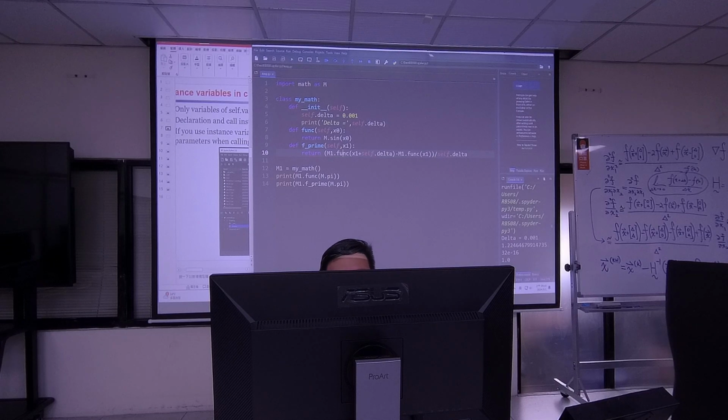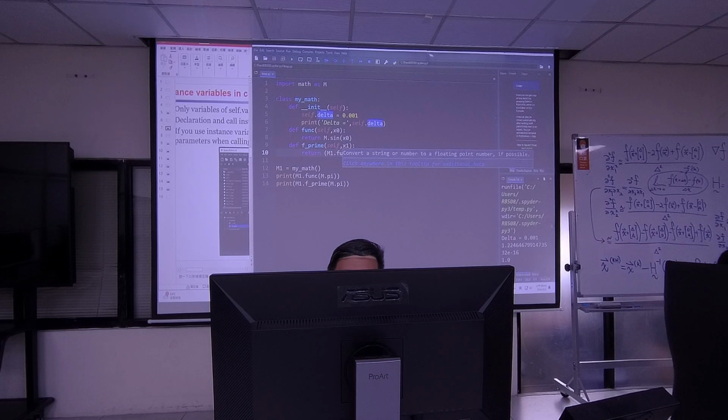That's why right here we use the approximation from the definition. So over here, plug in the function, plug in the value, basically pi, but you need to add a small increment, delta. So delta was created when you first initialize the function, so you can use the delta here. Minus the function at pi, the whole thing divided by the small increment delta.